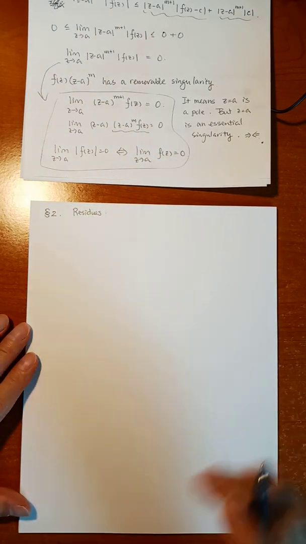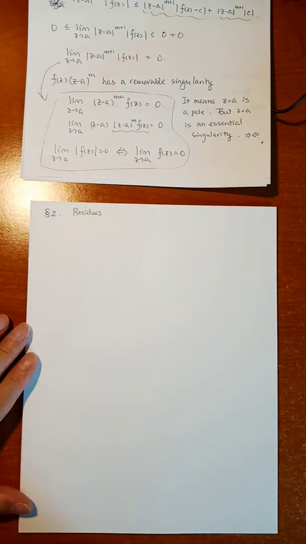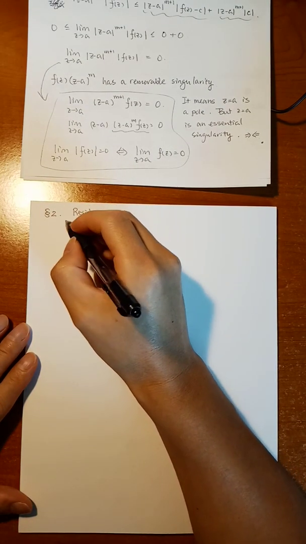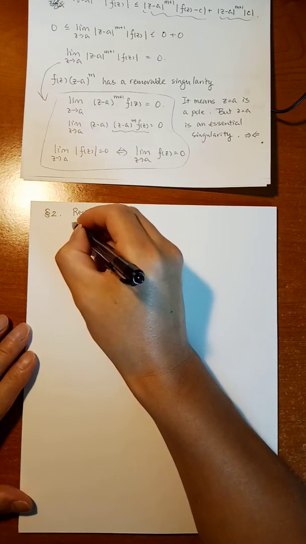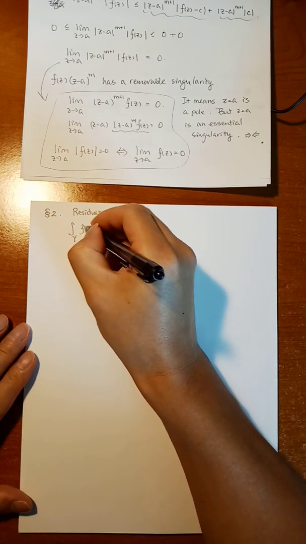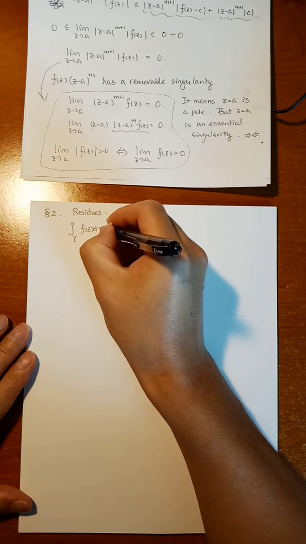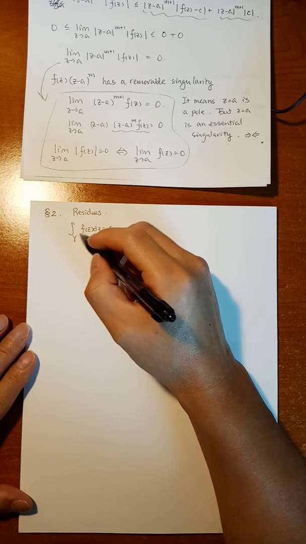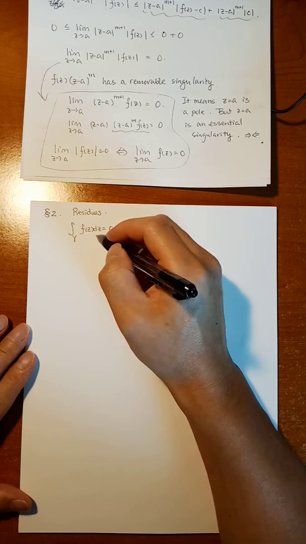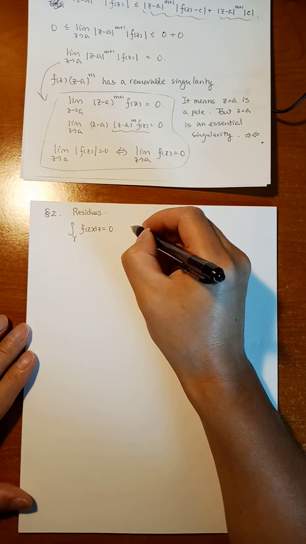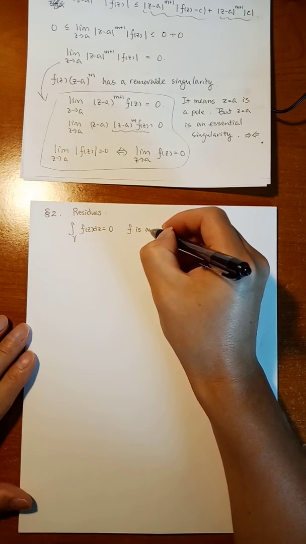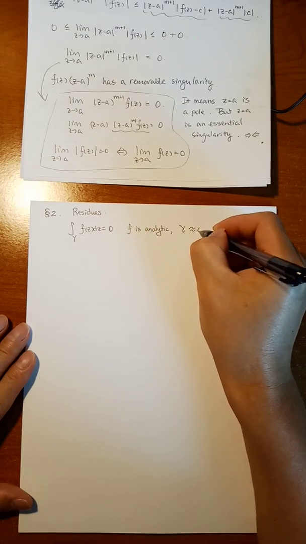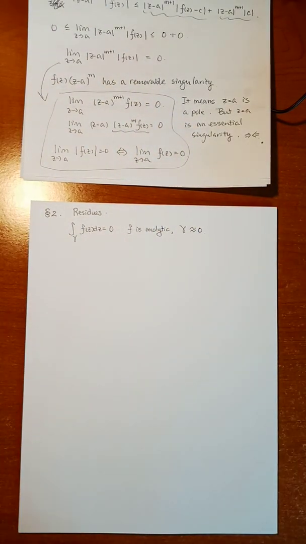The residues. What are the residues? The residue comes from the following computation. If we have an analytic function f and a curve gamma homologous to 0, then this integral is always 0 by the Cauchy theorem. f is analytic and gamma is homologous to 0, then this is always correct.